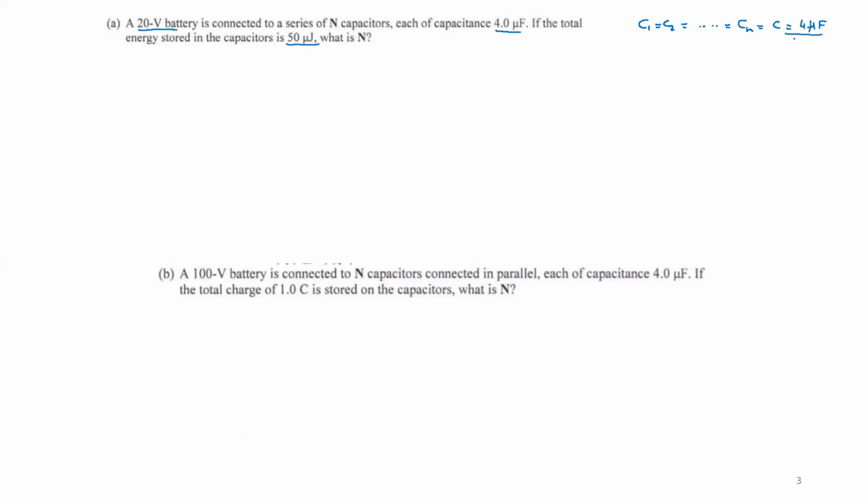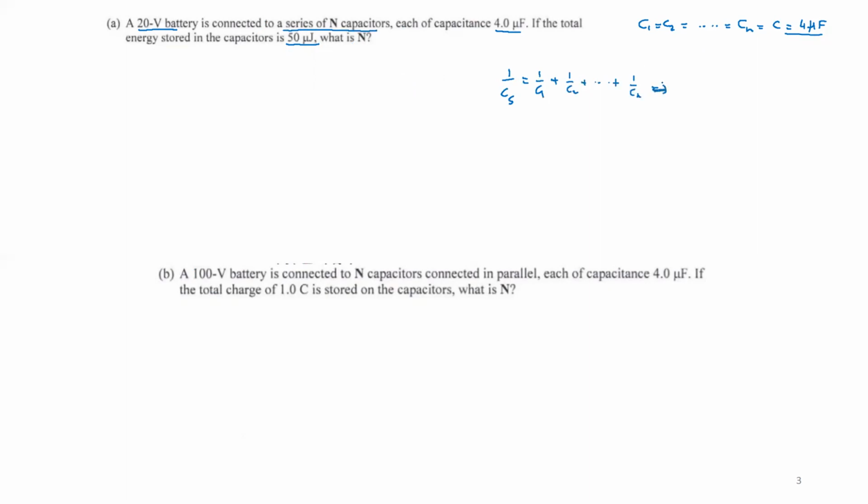Okay. Now, the total energy, again, so here they are connected in series. Okay. So if my capacitors are connected in series, I know what my equivalent capacitance is. So 1 over C equivalent in series is 1 over C1 plus 1 over C2 plus 1 over Cn.